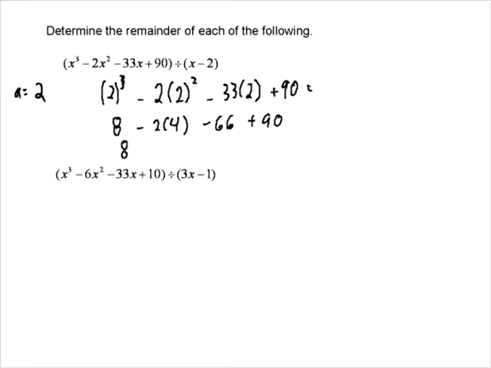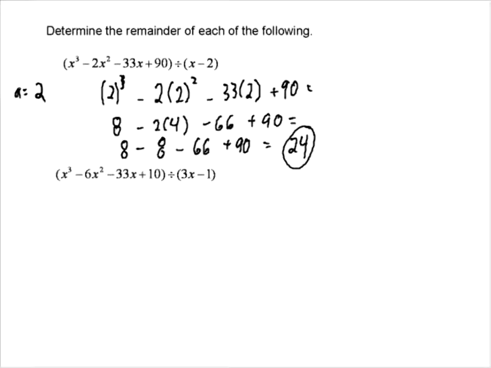So we're going to get 8 minus 8 minus 66 plus 90. And we can just do that calculation. 8 minus 8 is 0. 90 minus 66 is just 24. And our remainder in this case is just 24.